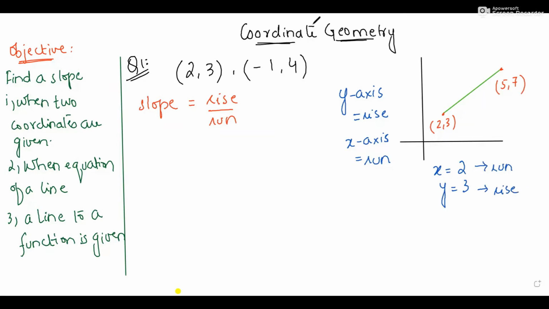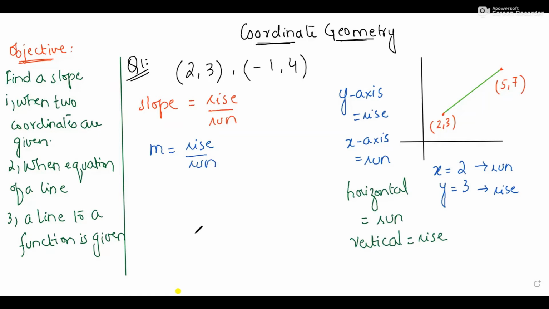In other words, we can say that the horizontal line is equal to run and the vertical line is equal to rise. So how can we denote the slope? We denote the slope by using the symbol m equals rise upon run.